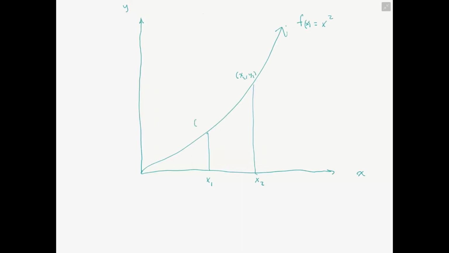All right. x2, y2, x1, y1. And we know that y2 equals x2 squared, and y1 equals x1 squared.